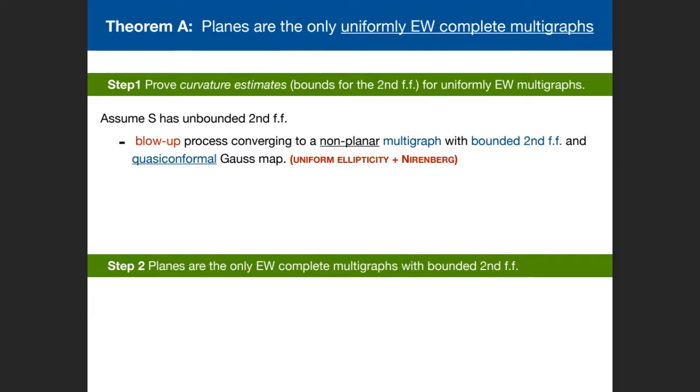The main difficulty for us in our case is that even if you are able to prove that this sequence converges to something, you cannot ensure that what you get in the limit is going to be a Weingarten surface, because your differential equation can be lost in the limit. You cannot control that the sequence of partial differential equations is going to converge to something nice. This is the main difficulty that arises when you compare with the constant mean curvature setting.